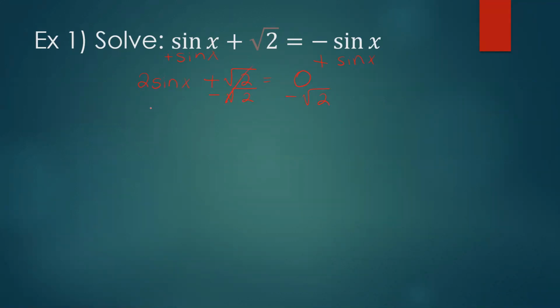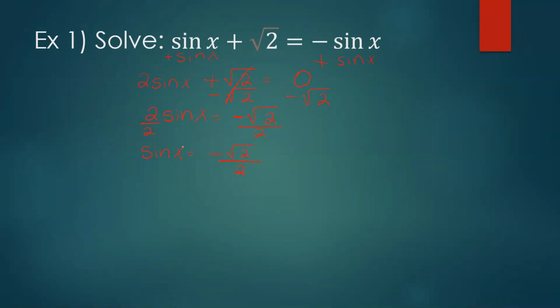So this cancels, and you have 2 sine of x equals negative radical 2. Then I would divide both sides by 2 to get rid of this 2. So you get sine of x equals negative radical 2 over 2. You can actually stop here.